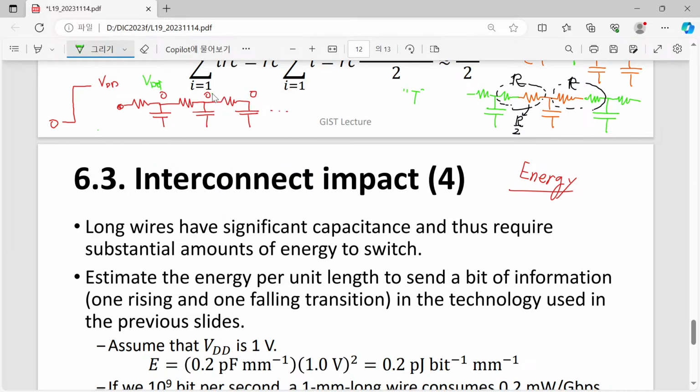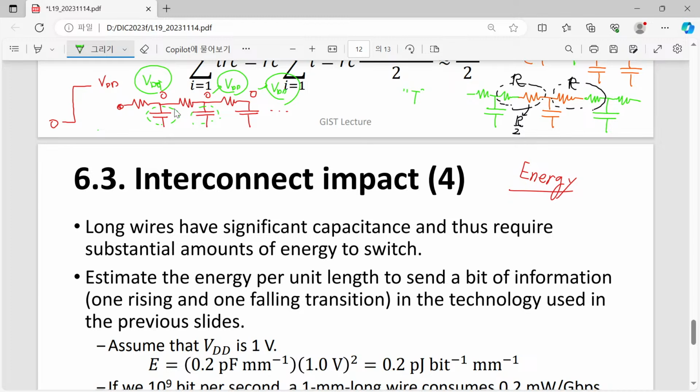After a long time has passed, every small distributed capacitance will be charged with VDD voltage difference.